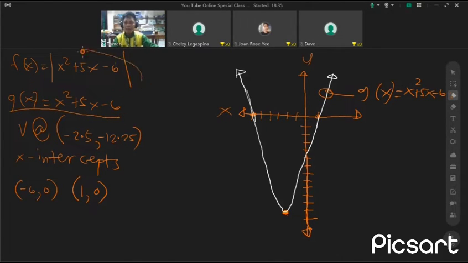But our problem is this one. So, we need to cut the portions of the negative side.